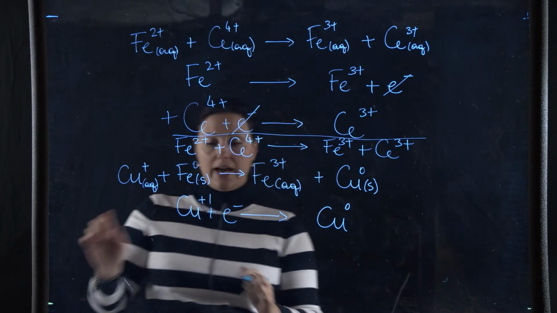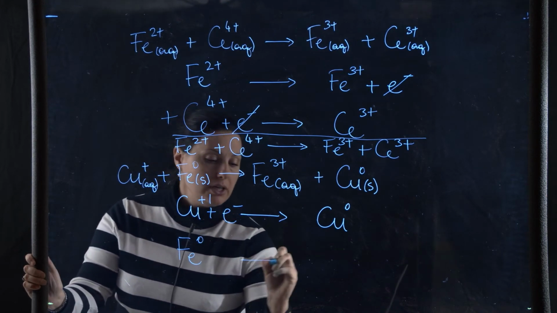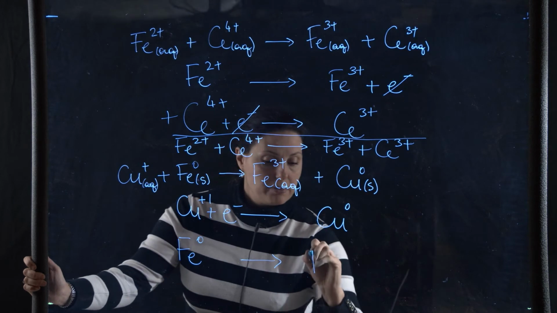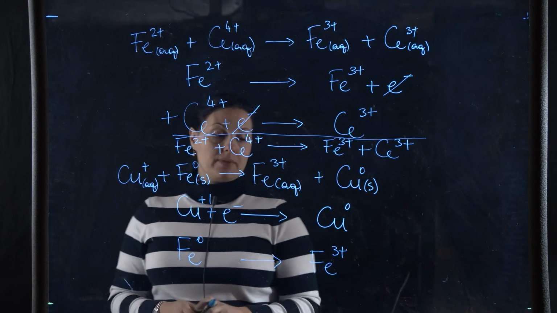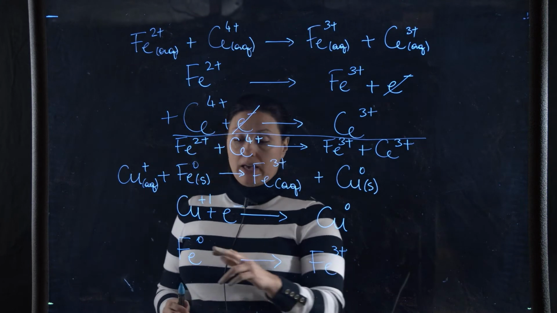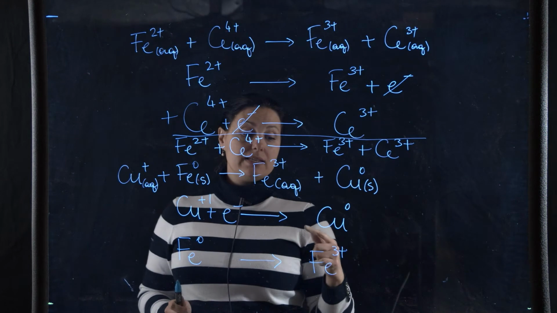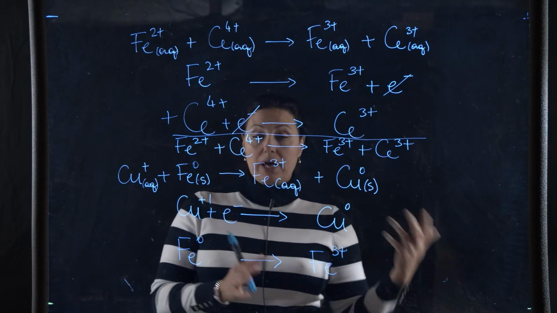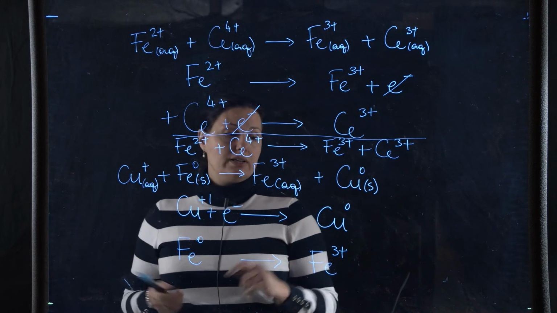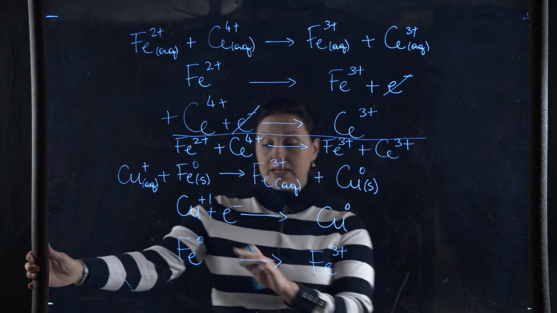Let's take a look at the iron then. So I have iron going from Fe 0 to Fe3+. I have iron going from 0 to a 3+, which means that the iron is becoming more positive, which means it's losing electrons. How many does it lose?